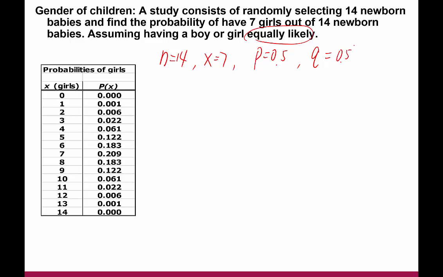Now we can use the binomial probability formula to find this. So P of x equal to n factorial over n minus x factorial times x factorial times p to the x times q raised to n minus x.